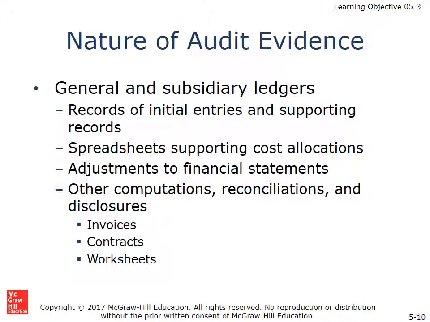Spreadsheets is another example, supporting cost allocations, any special adjustments that were made to the financial statements, computations done, reconciliations like a bank reconciliation, and disclosures, invoices, contracts, worksheets, all the information used in the accounting system itself. That's one form or nature of audit evidence.